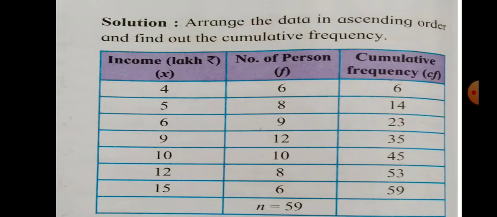So how to find out the 15th observation? For that, you have to go to the cumulative frequency column. Where does 15 come? 15 lies in the cumulative frequency 23, with corresponding value of x equal to 6.